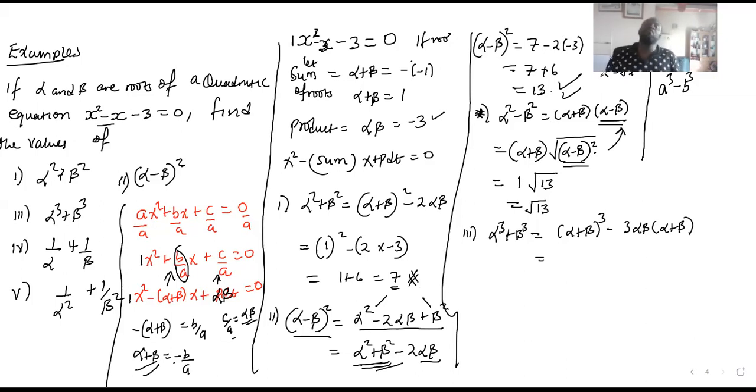So if I find the square root of that, I'm finding the square root of alpha minus beta squared. So this next number, you will see it is now in terms of sum and product. The sum is 1, so 1 cubed minus 3 into negative 3 into 1. This will give me 1 minus 9 plus 9, and the answer is 10.